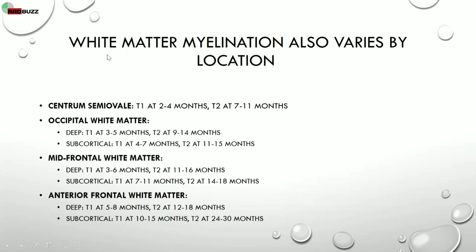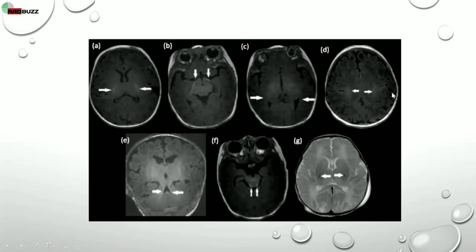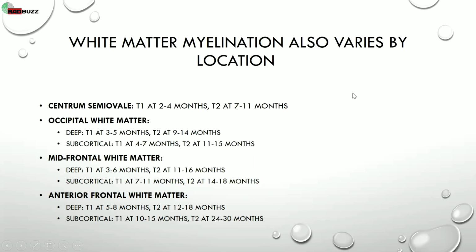You don't need to remember this whole thing actually, but you should remember that as the age grows, at 2 to 4 months the central semiovale becomes myelinated, then the occipital white matter from the posterior side, then mid frontal, and then anterior frontal.